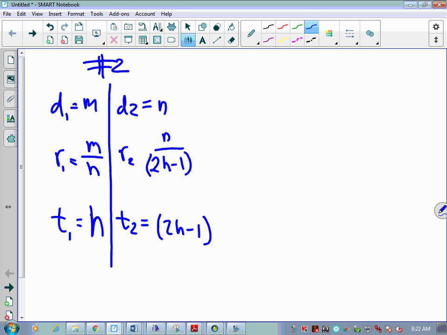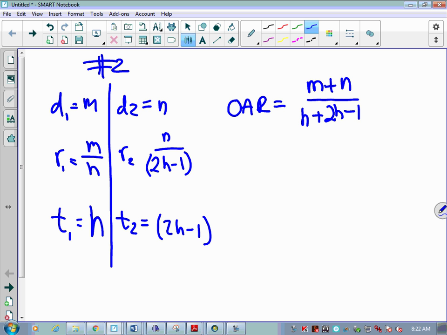The question is at his average rate, so we need to find the average rate. Average rate is overall distance over overall time. So our overall average rate should come out to m plus n over h plus 2h minus 1.